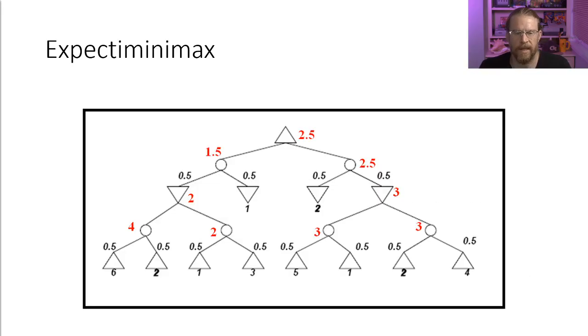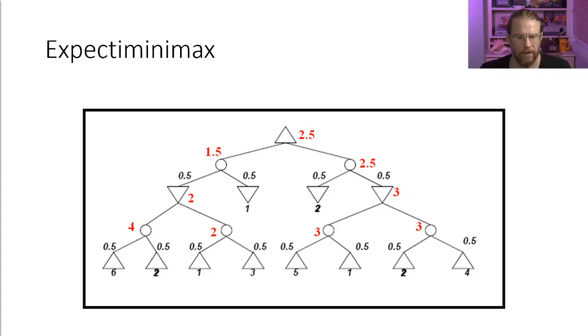So here is an example of expectiminimax. We go all the way to this bottom depth where we have our evaluation function applied, or perhaps this could also be a game with a terminal step, but generally that's not the case where you can actually evaluate to a final step.